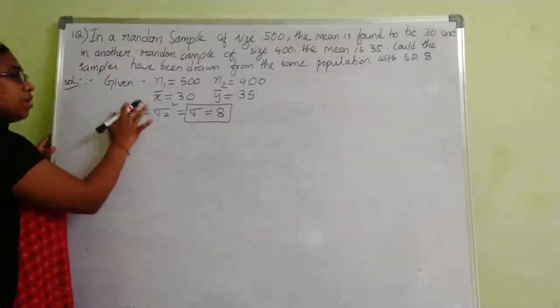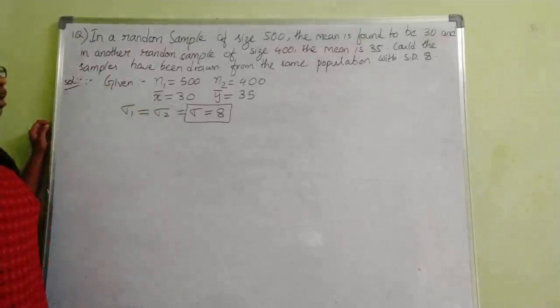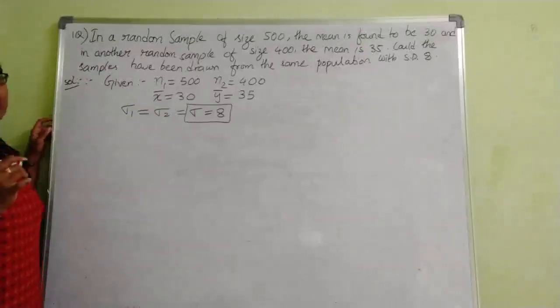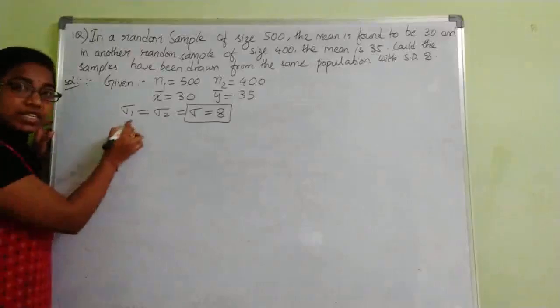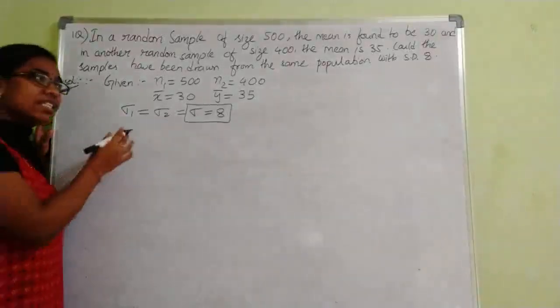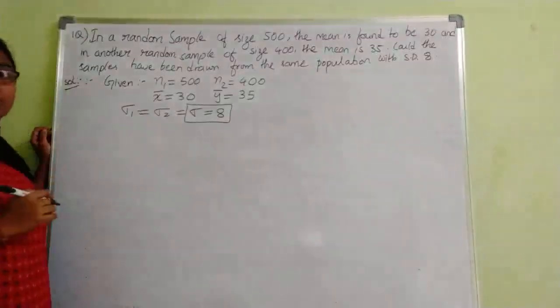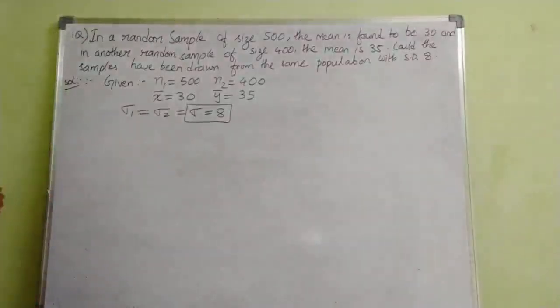Here sigma 1 equals sigma 2 equals sigma, that is 8. Since the standard deviation is given, I have written sigma 1 equals sigma 2 equals sigma. If variances were given, I would have written sigma 1 square equals sigma 2 square equals sigma square.